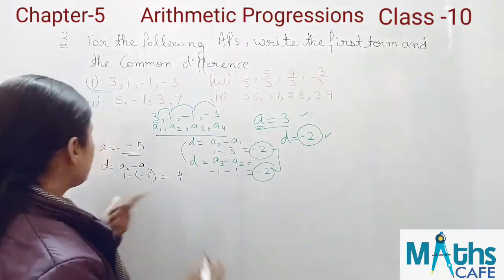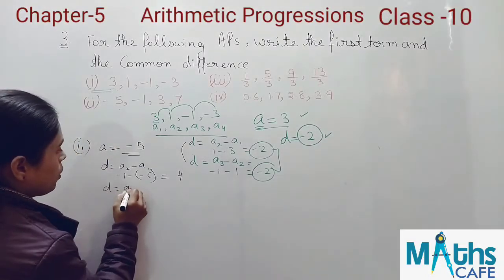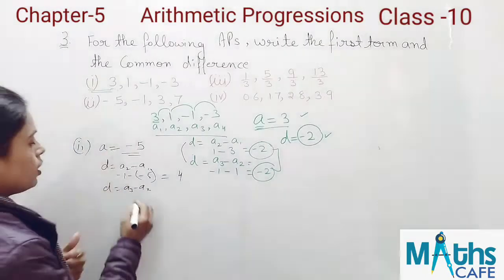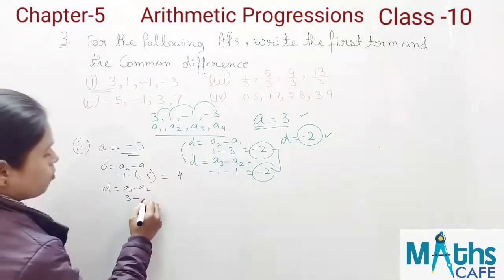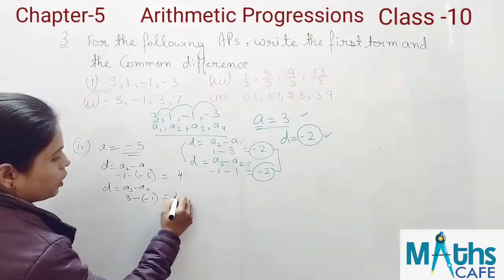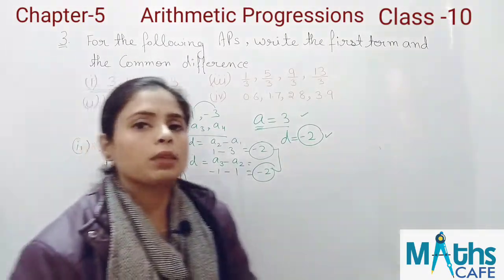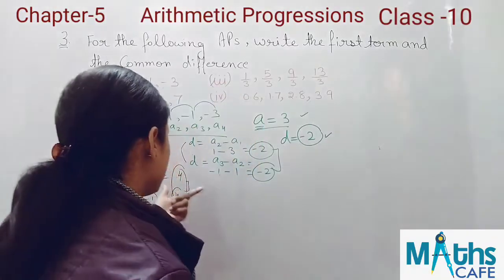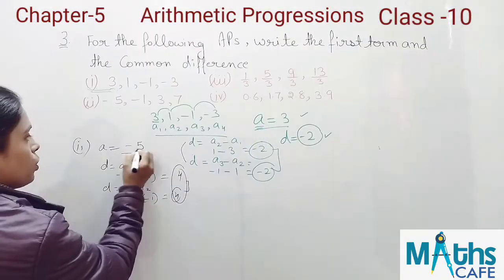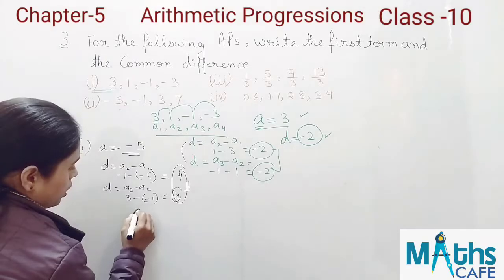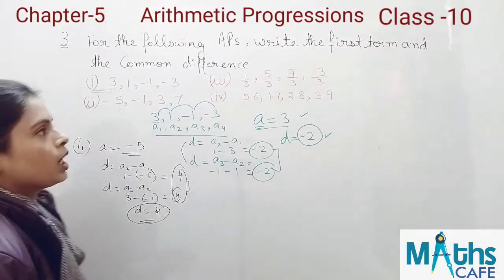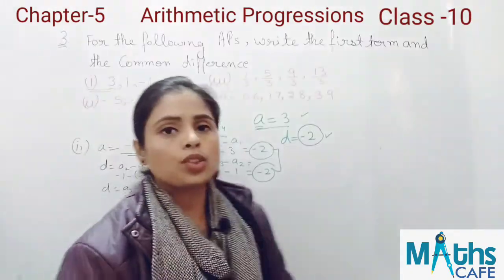For another D, A3 minus A2. A3 is 3 and A2 is minus 1, so it will come 4. Both values of D are the same. That means the common difference is 4 and A is minus 5. Let's move to the third part.